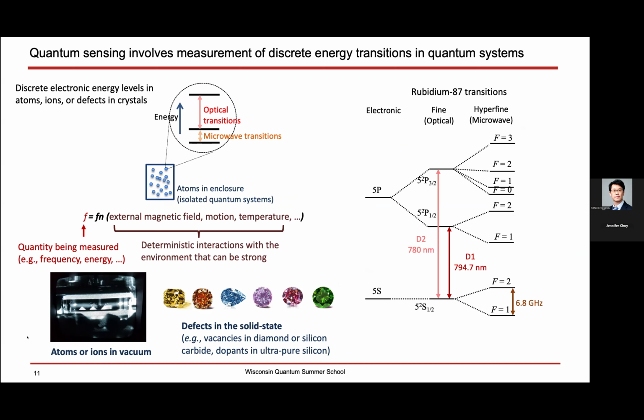Then you have these further splittings in your electronic structure that give you, in the ground state, meaning the state that the outermost valence electrons like to occupy, a ground state hyperfine splitting. In this case, I'm showing here for rubidium-87 it is 6.8 gigahertz.